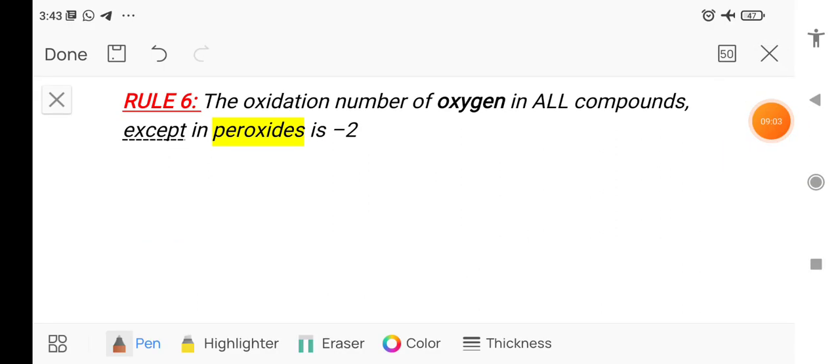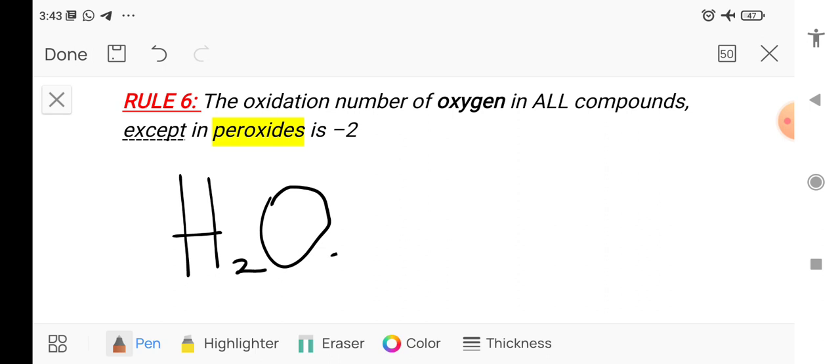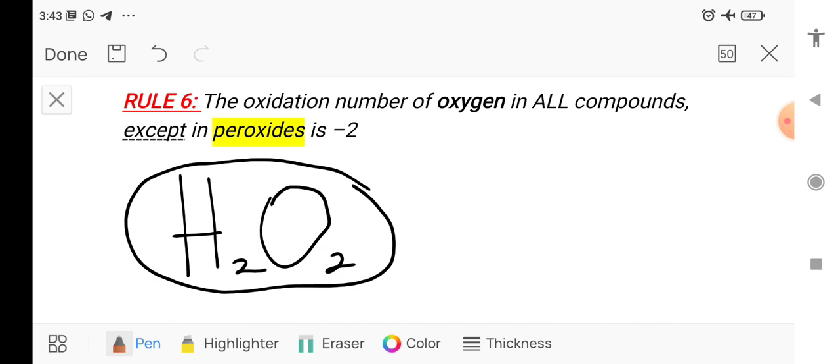So this is a peroxide. You have H2O2. That's hydrogen peroxide. So except for this kind of peroxides, the oxidation number of oxygen is -2 in all compounds. Is that clear?